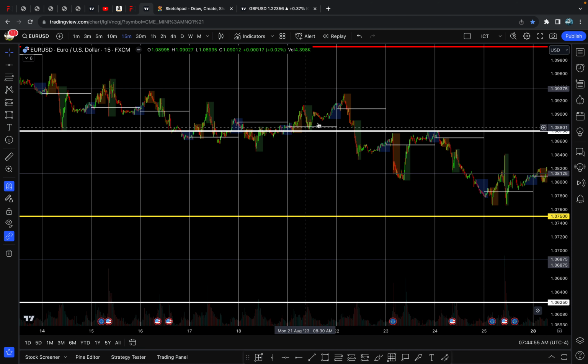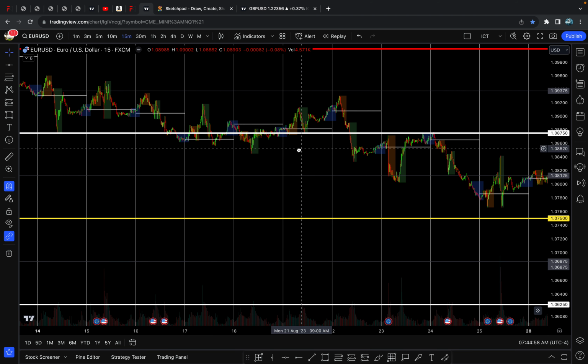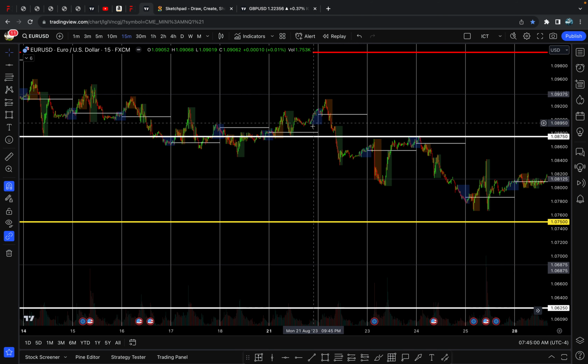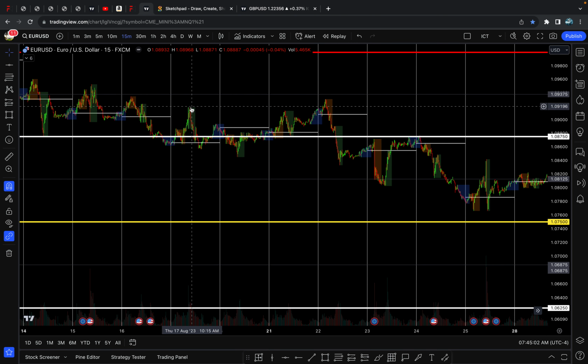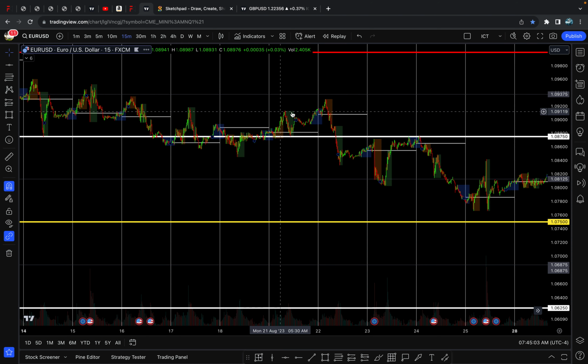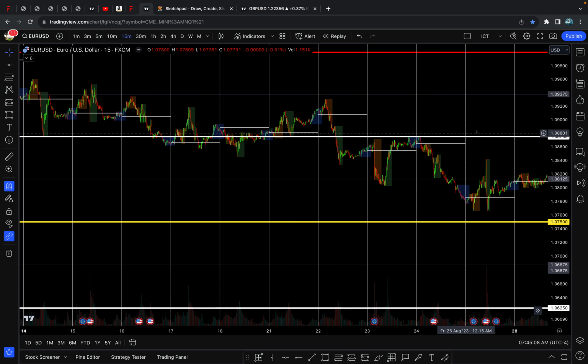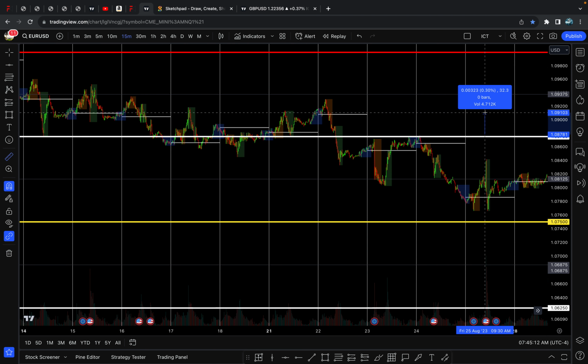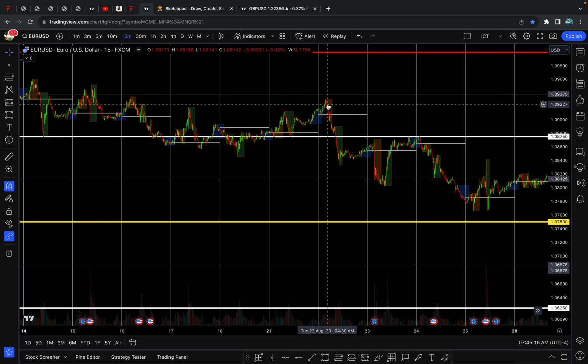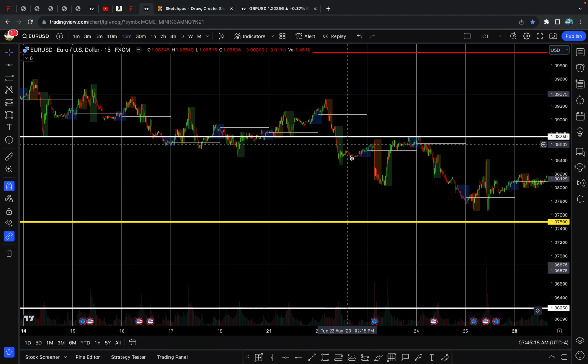But first quarter, and then it goes up, boom. Yeah, it comes back first, but then it goes. Or you could just take your partials here. I know it's not a huge trade. I mean, it's only 30 pips or something, but look, in the first quarter, boom, goes down.